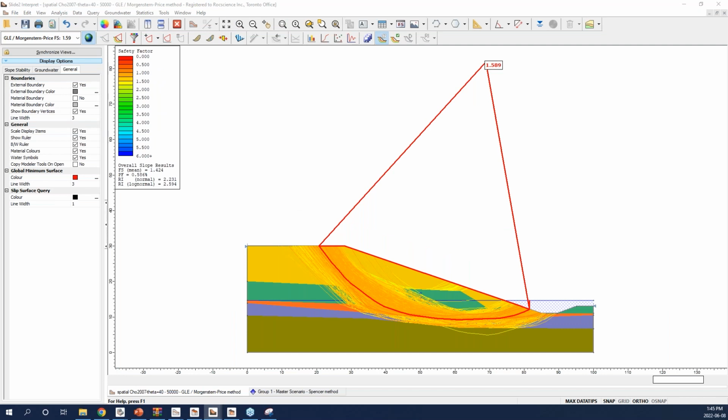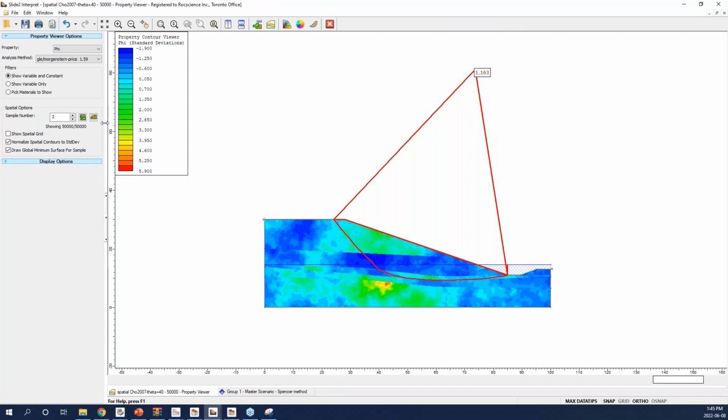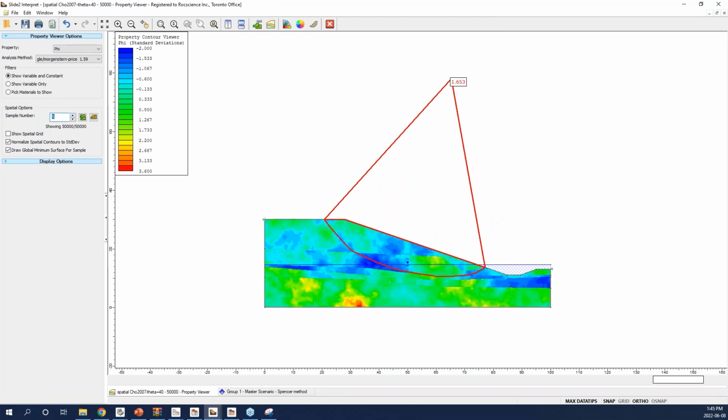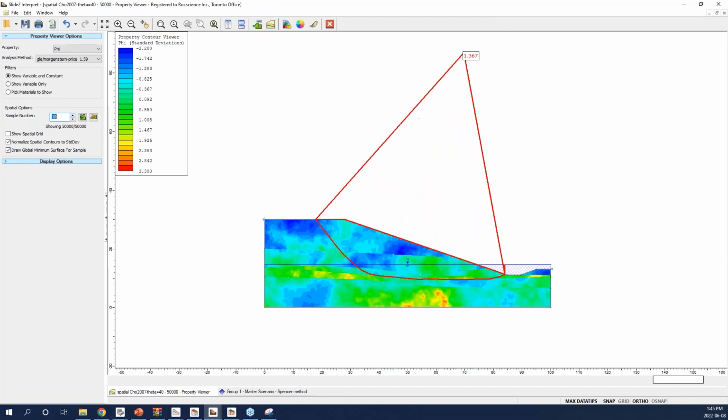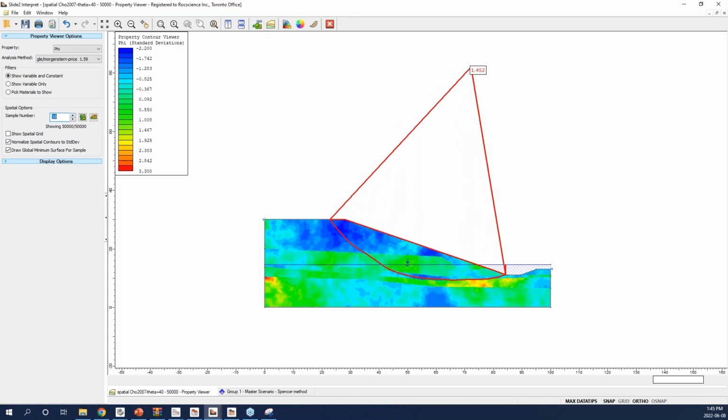this is the results of the probabilistic analysis. We have the factor of safety of 1.59, almost 1.6, and probability of failure of 0.59%. Again, you can look at the property viewer, and for this one, you can look at different failure surfaces for different simulations. You can look at most of them.